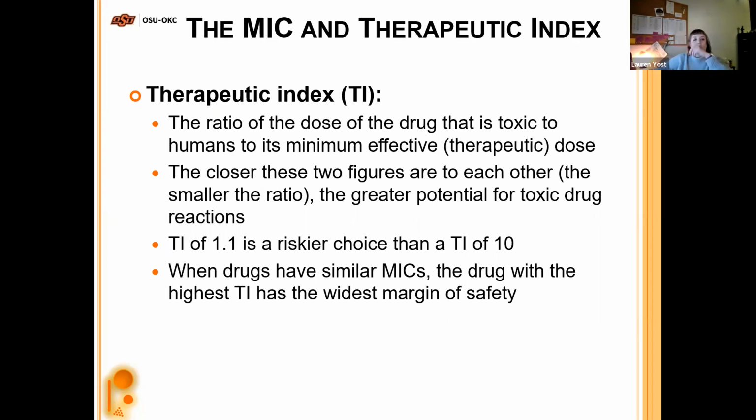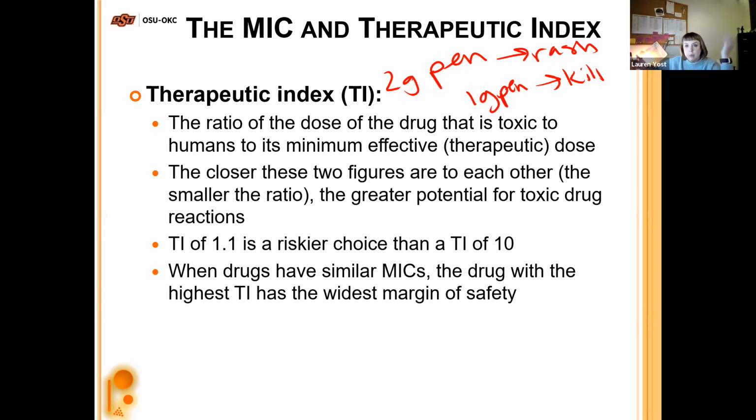So if it takes 2 grams of penicillin to make somebody have a rash, but it takes 1 gram of penicillin to kill the bacteria, right?